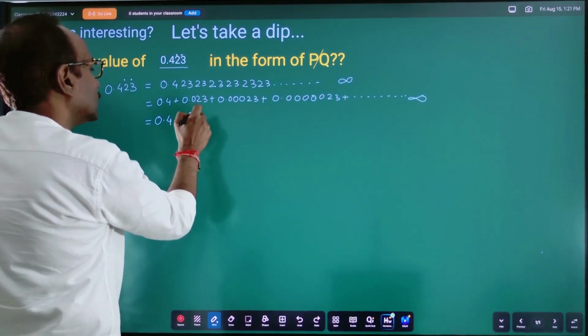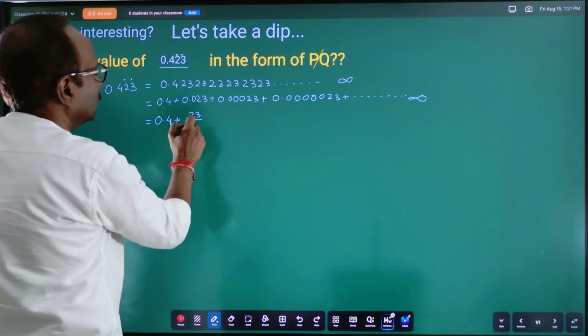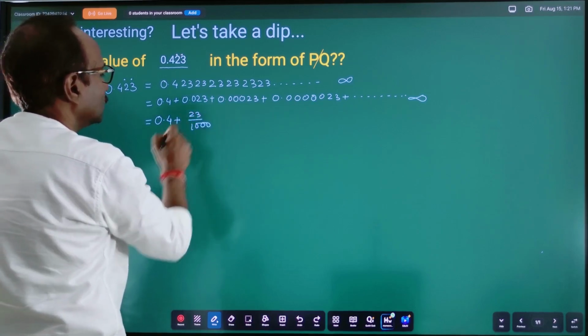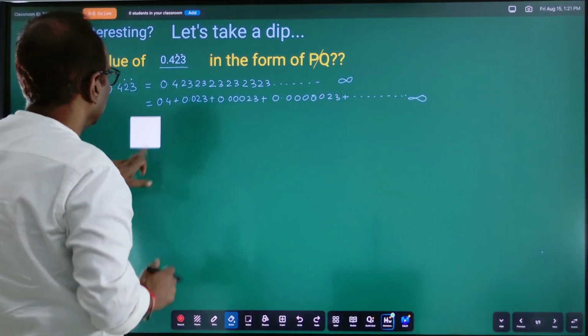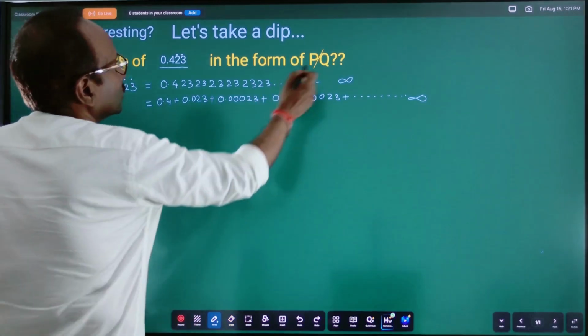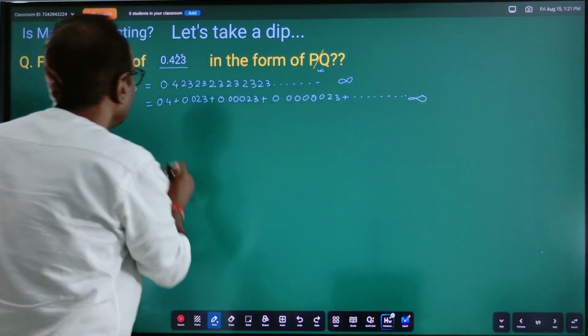We can express this 23 by 1000. Let us start from the first term only, because your approach should be to get the numbers in this form.